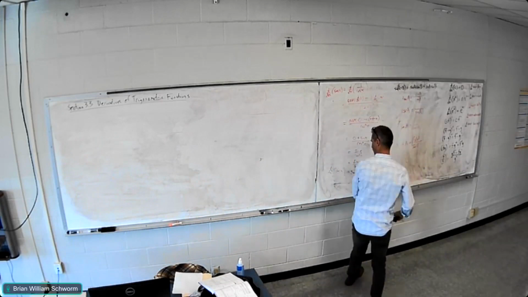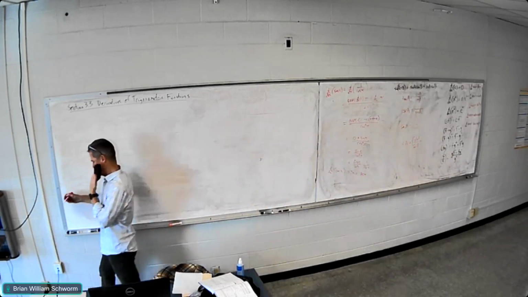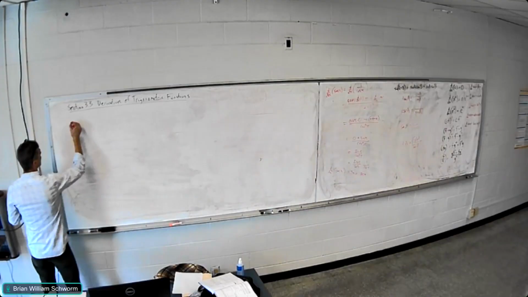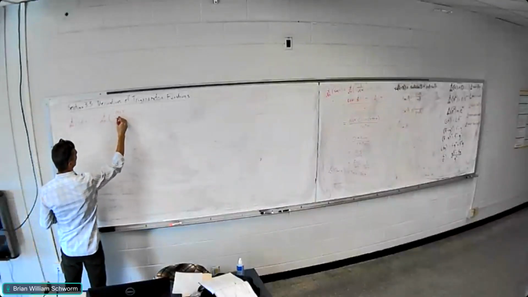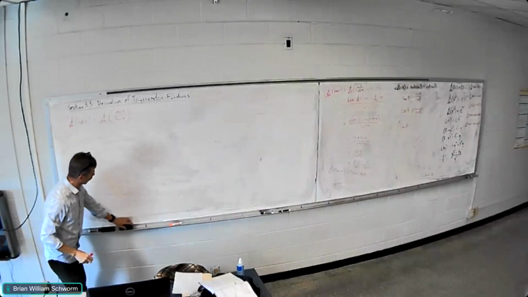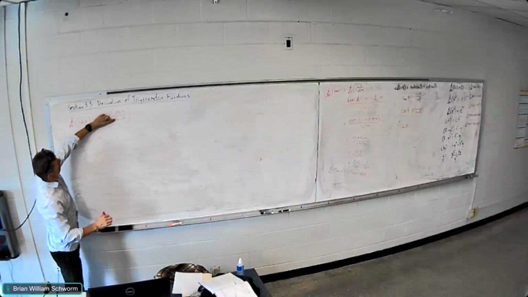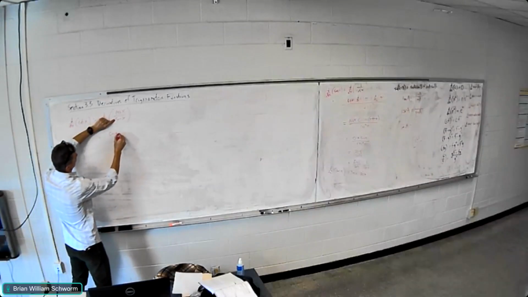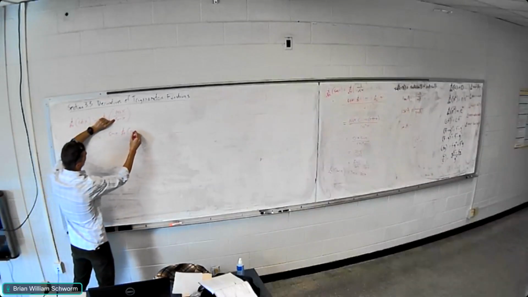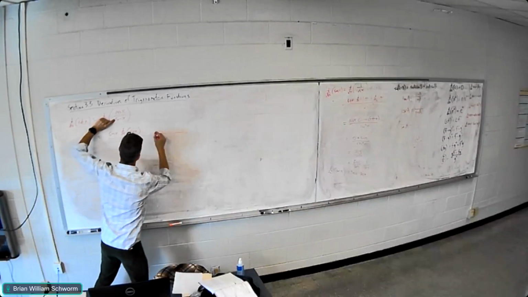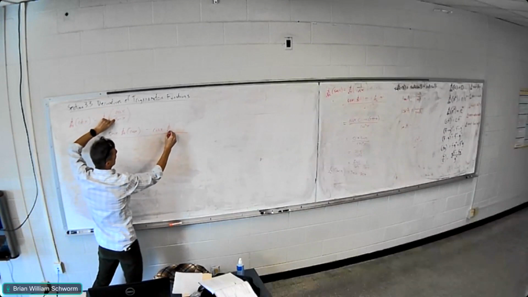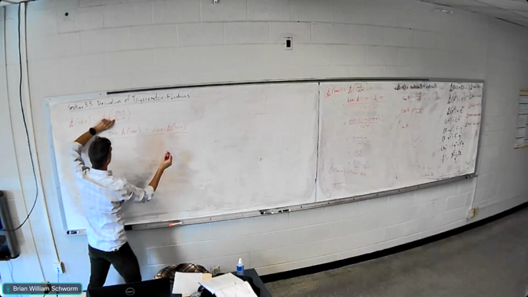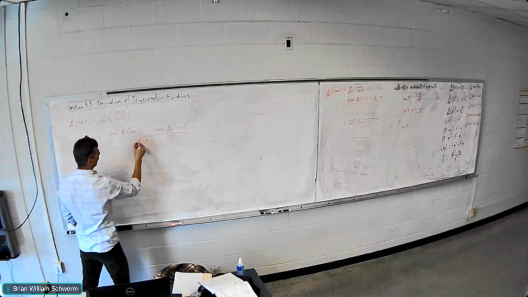Last one, derivative of cotangent. Cotangent's the same as cosine over sine. So use the quotient rule. Low d high, so the bottom times the derivative of the top, minus high d low, cosine times the derivative of sine, over the denominator squared, sine squared.